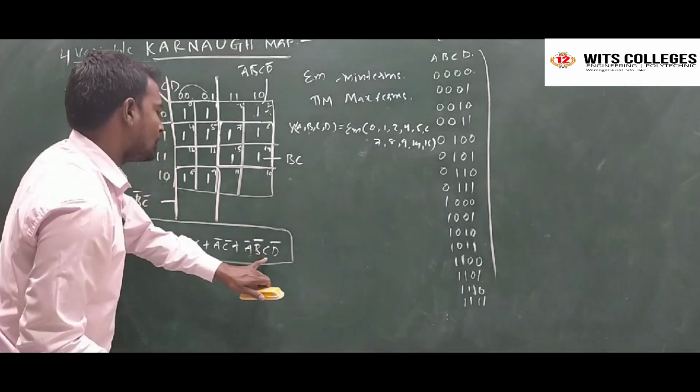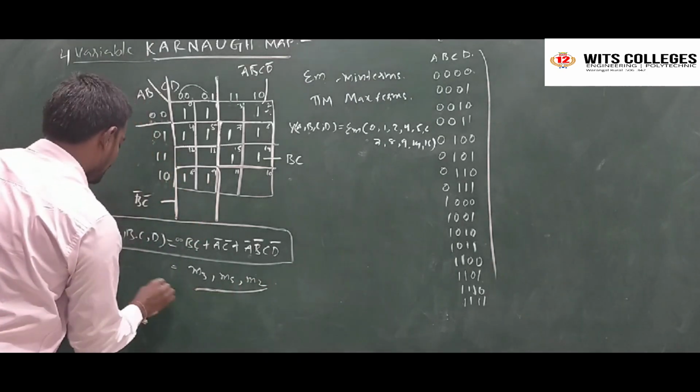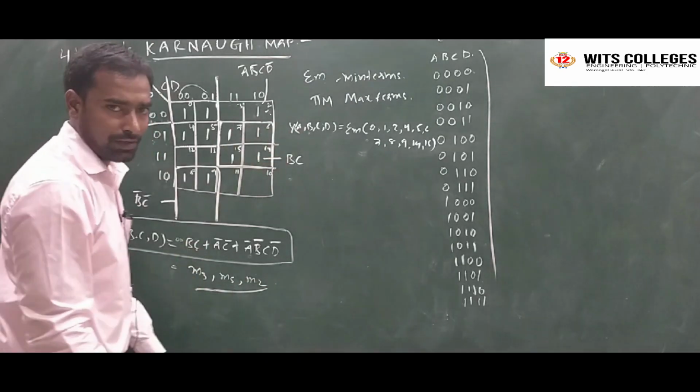These all are 0 0 1 0, that is equal to m2. So these all are the min terms we will get for this actual given function.